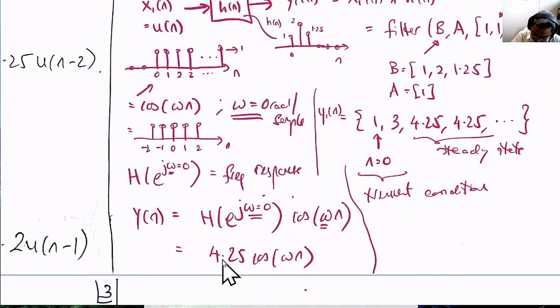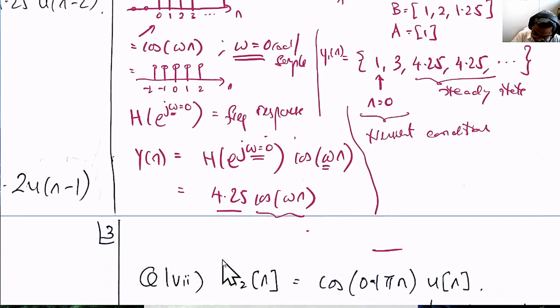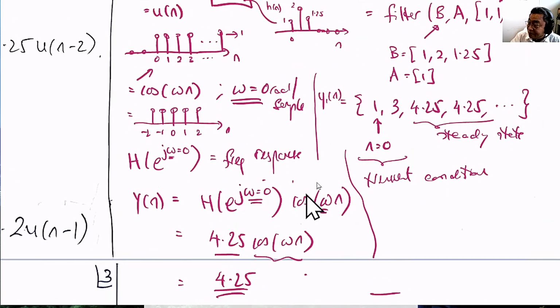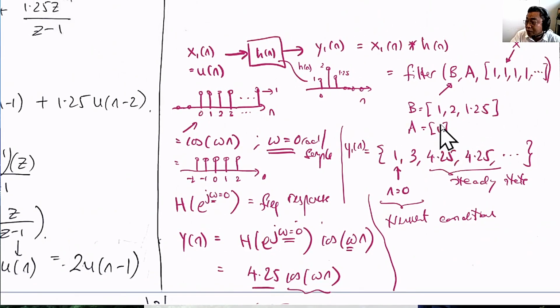In this case, there's only the magnitude, so it is 4.25 times cosine(omega n), which is nothing but 4.25 for all n. Therefore, y[n] equals 4.25 for all n, and this shows us the steady state response. Remember that the frequency response ignores the transient response and only gives you the steady state response. So in this figure, we showed you 3 different ways to calculate y1[n] for x1[n] equals u[n]. Thank you.